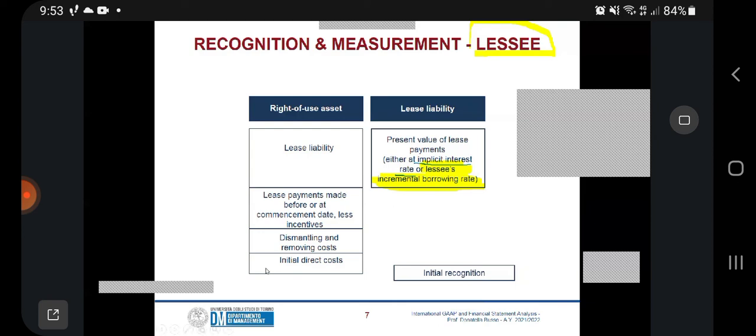So for the dismantling and removing costs, the recognition of the provision is better accounted for separately. At the exam, for us it's the same, but in real situations, it is better to account for it separately because it's an estimate of the company. The other two, the lease liability and the outflow of cash, have two movements toward the lessor. Okay, Valeria?